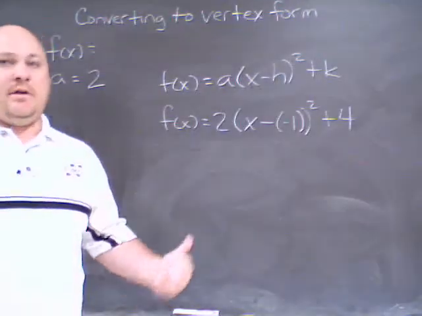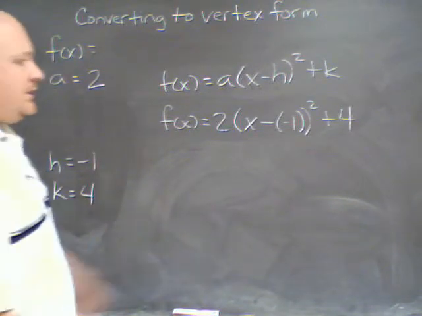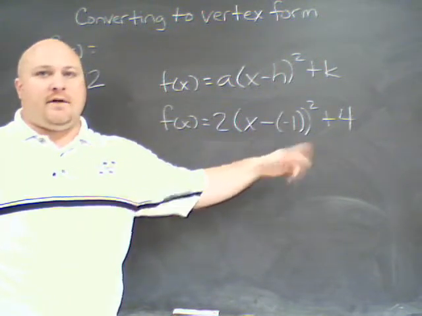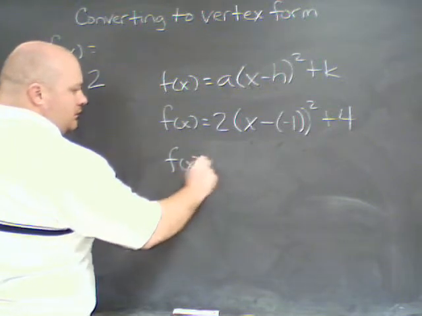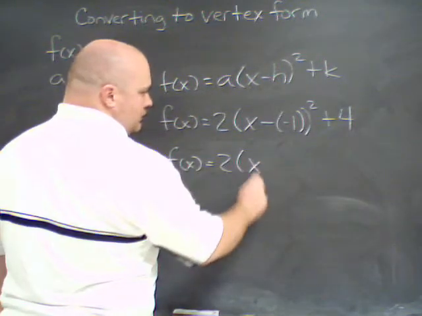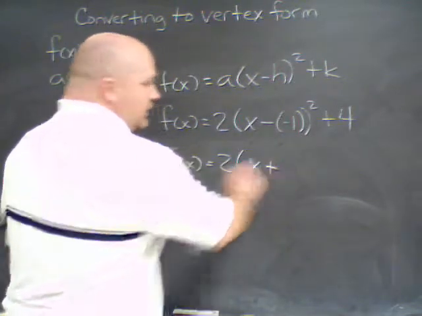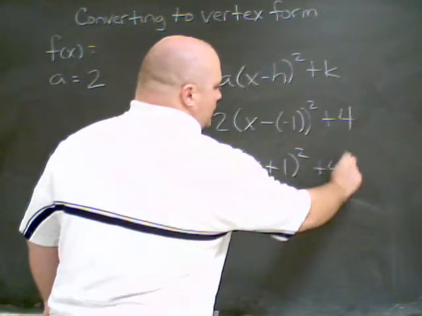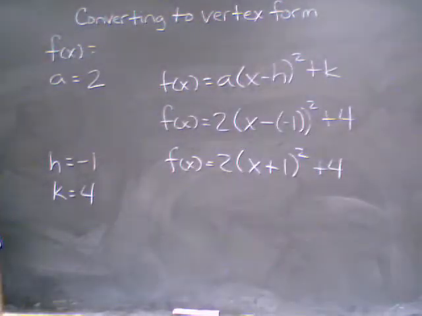This is perfectly okay, but the better form is if I simplify this in the middle. Because when I subtract a negative, I end up adding that value. So the subtracting of a negative becomes addition. And that would be the vertex form using these values.